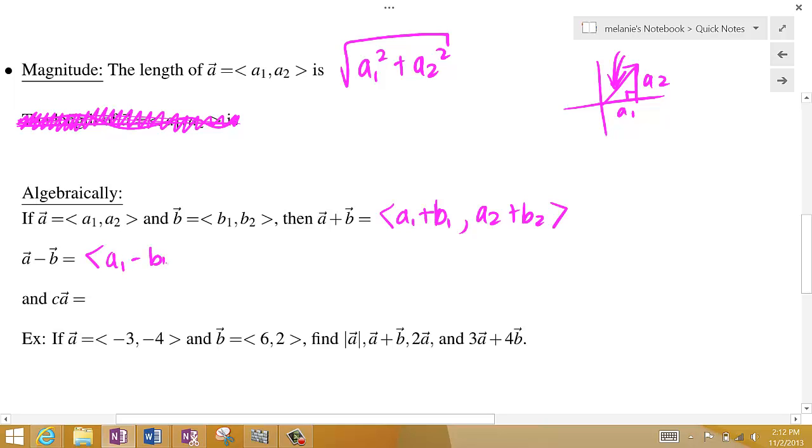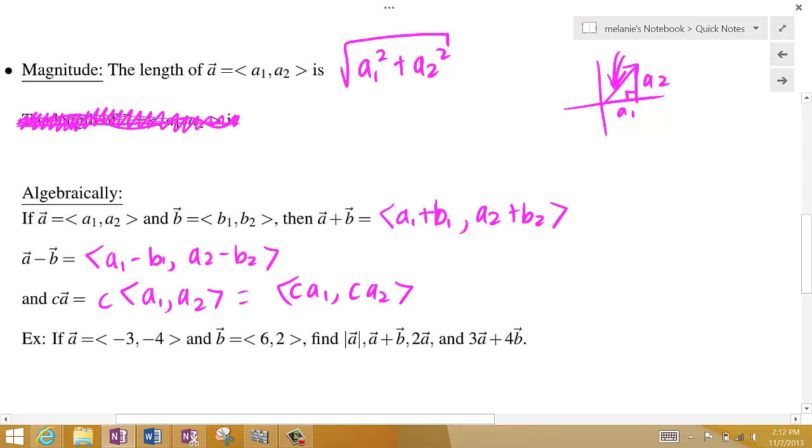A1 minus B1, A2 minus B2. And if I want to multiply A by a scalar C, I just take C times my vector A1, A2, and that ends up being C A1 and C A2 as each individual component.